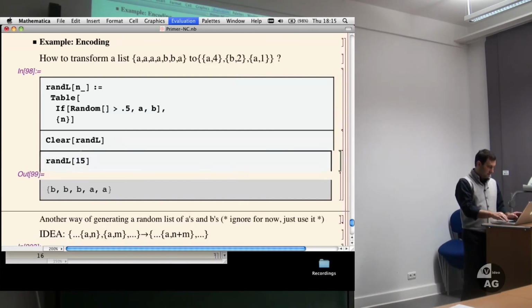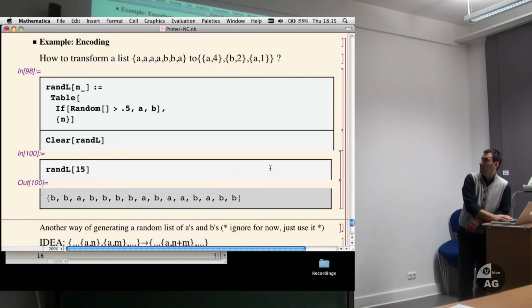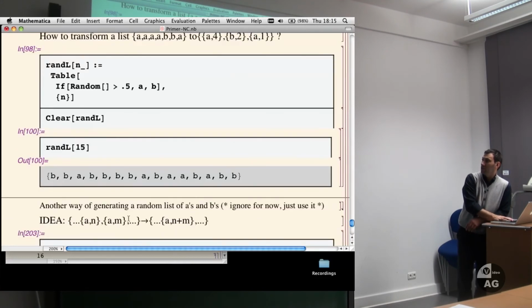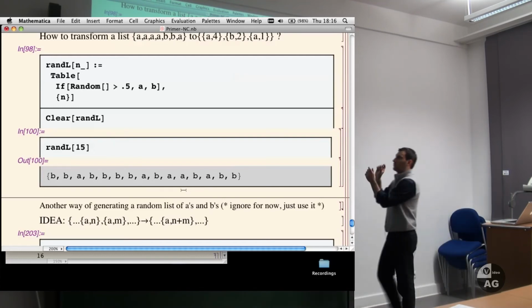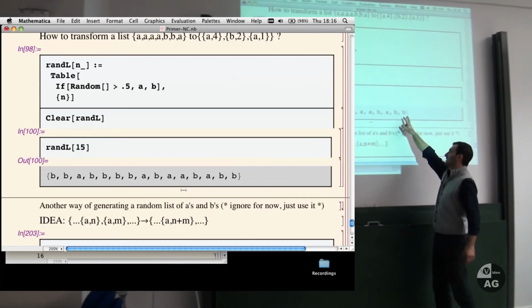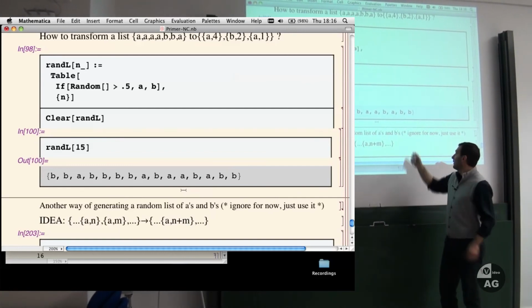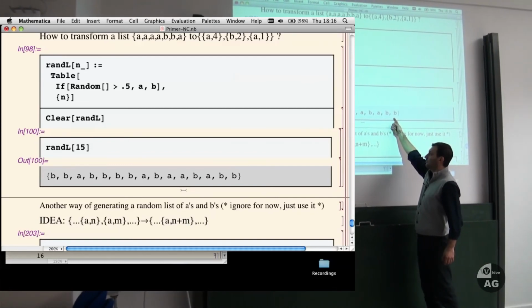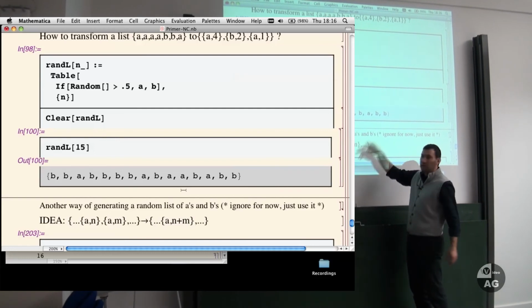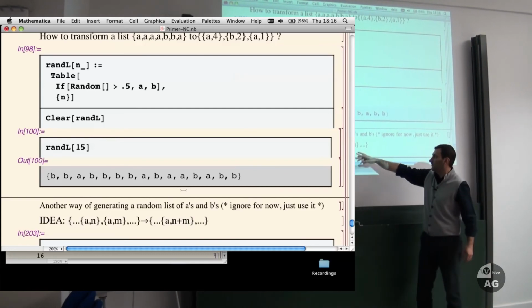Rand of 15, here we go. And now the idea is to go through this list and find adjacent elements that are equal, compress them and increment this value.